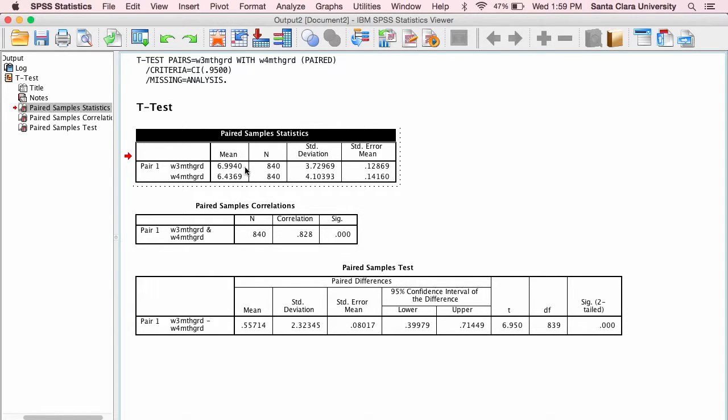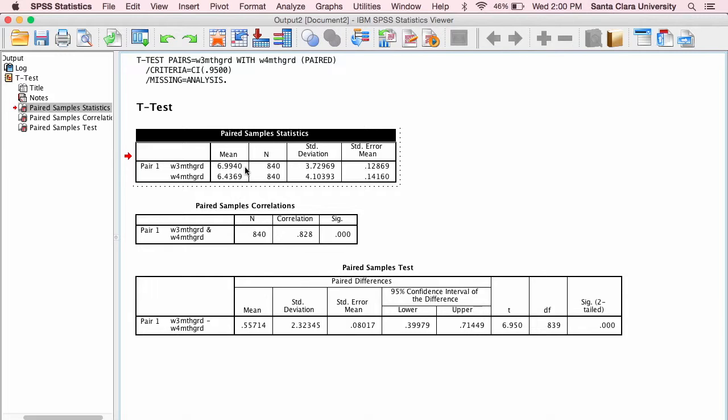And just by looking at these two means, we can see that the Wave 3 math grade, which was in the fall, is 6.994. This is on a 12-point scale, so an A is 12, an A minus is 11, a B plus is 10, and so on. So 6.99, excuse me, that's about a C plus or so.